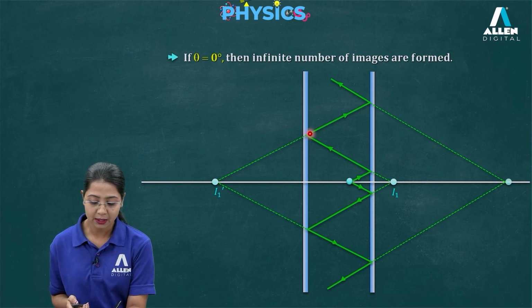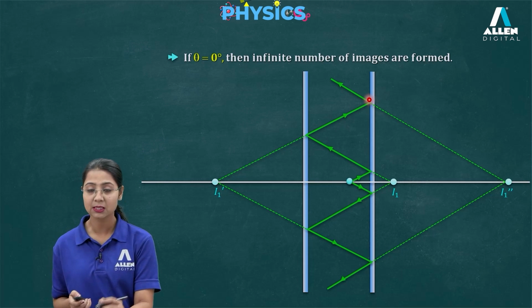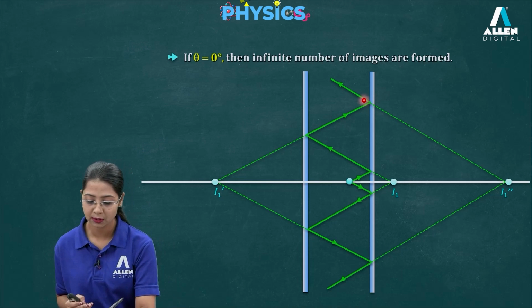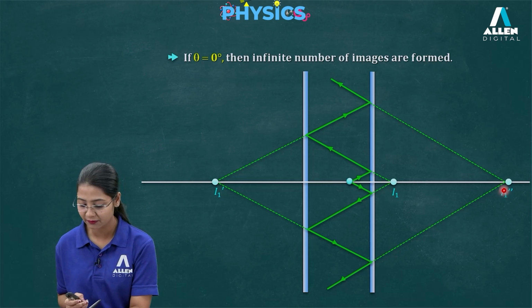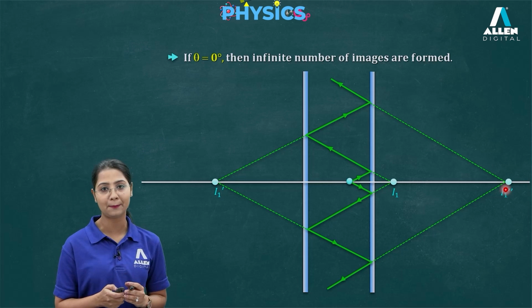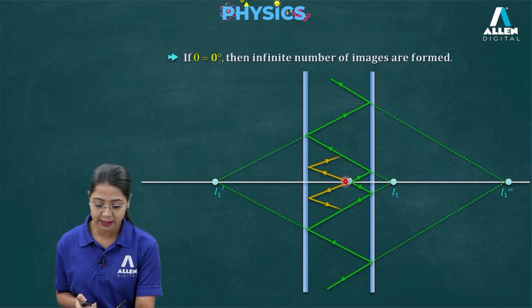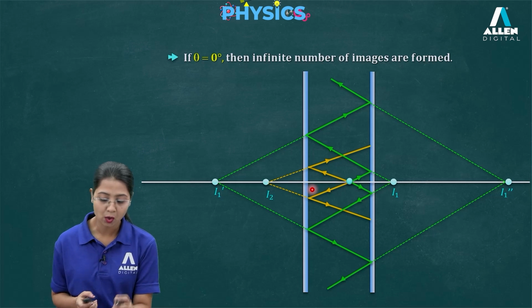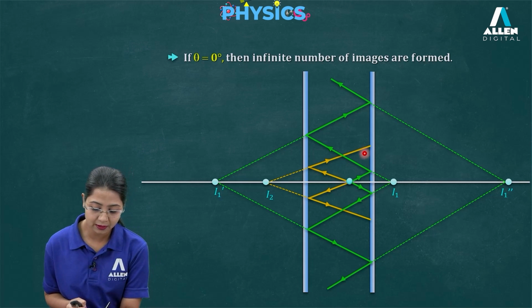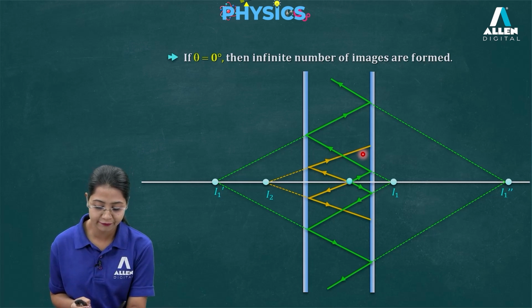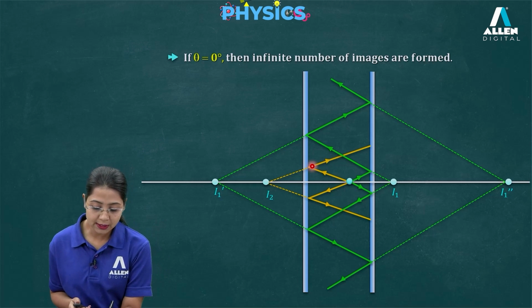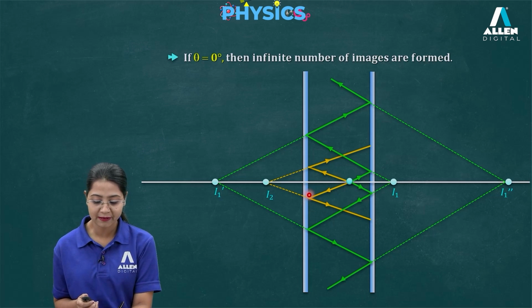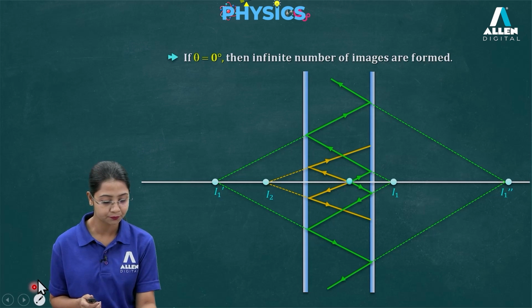Again these reflected rays will strike mirror 1 and reflect. By extending these reflected rays, we will find the third image, I1 double dash. Let's take 2 incident rays on mirror 2. Again they will reflect, and by extending the reflected rays behind the mirror, we will find image I2.